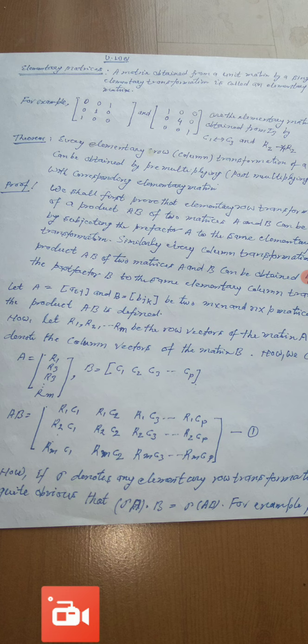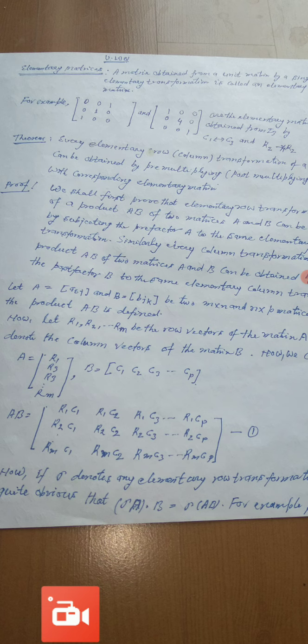Now if sigma denotes any elementary row transformation, then it is quite obvious that sigma(A) into B is equal to sigma(AB).